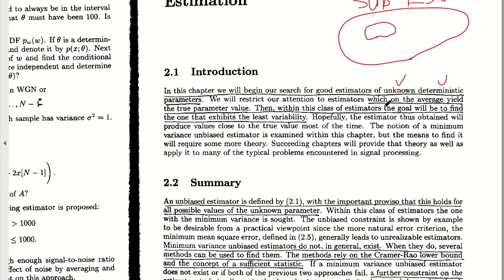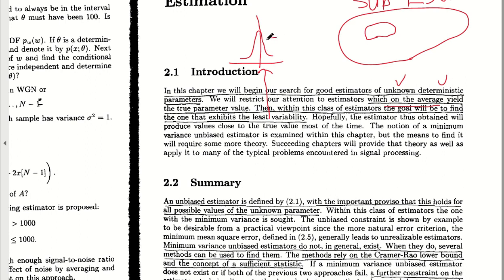Then within this class of estimators, the goal will be to find the one that exhibits the least variability, meaning that we'd like it to be more concentrated on the true value.